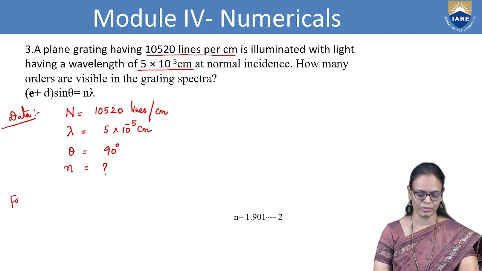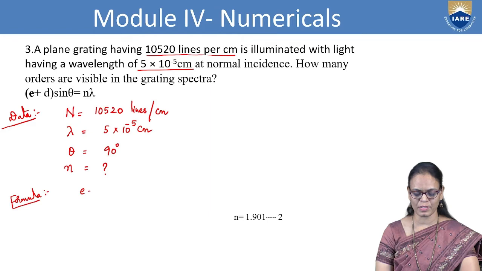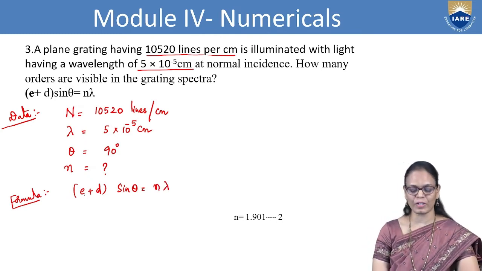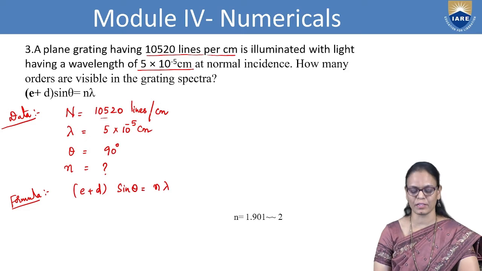So the formula we are going to use is (e plus d) into sine theta is equal to n lambda. And here the width of the slit is not given. We are given the number of lines per centimeter.